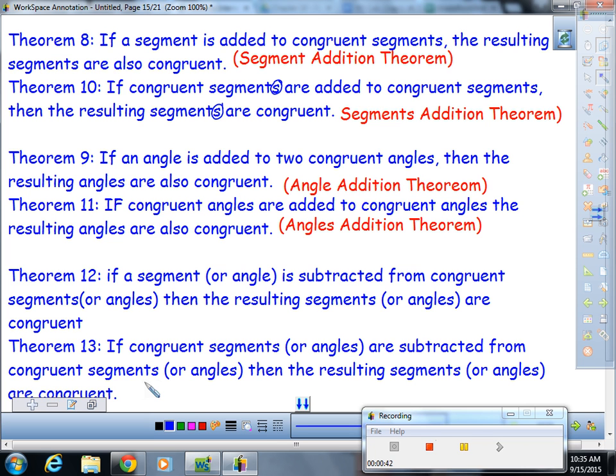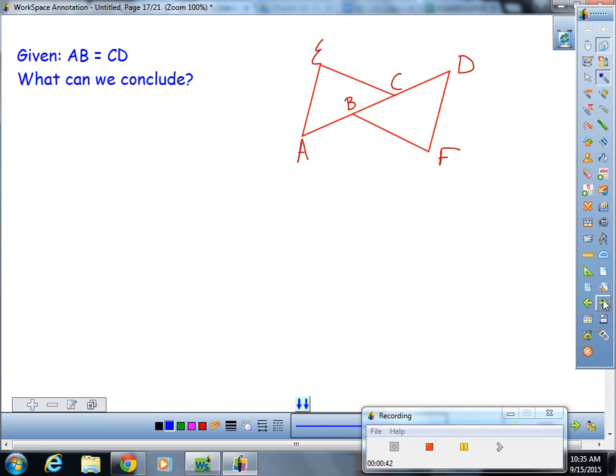But obviously what matters more than anything else is how are we going to use these? Well, you're going to be using them in proofs. As I have indicated to you guys, this class will be more and more proof-based for the next couple months. So if we were given that segment AB was congruent to segment CD, let's mark our picture.